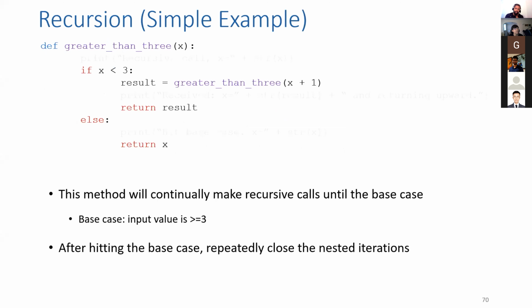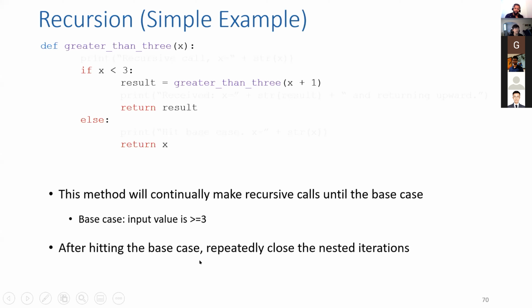I provided a simple example over here. Ignore the blanked out lines for now. This function will continually make recursive calls until it hits the base case, which is where the input value is greater than or equal to 3. That's this check over here.